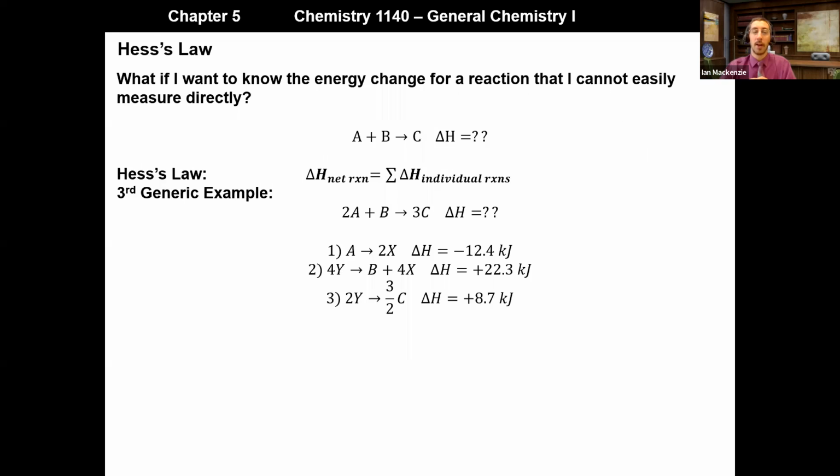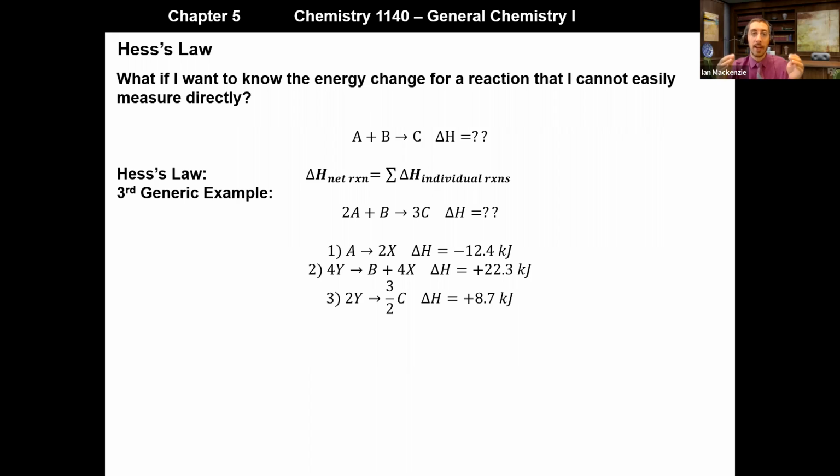B, if I look at that, I can see that I only have one of them. That's good, that's all that I need, but it's on the wrong side of the equation. So I'm going to have to do something with that equation too. And then for that last equation, well, I have C, but I don't have the right amounts of it. I have 3/2 C, what I need is 3C.